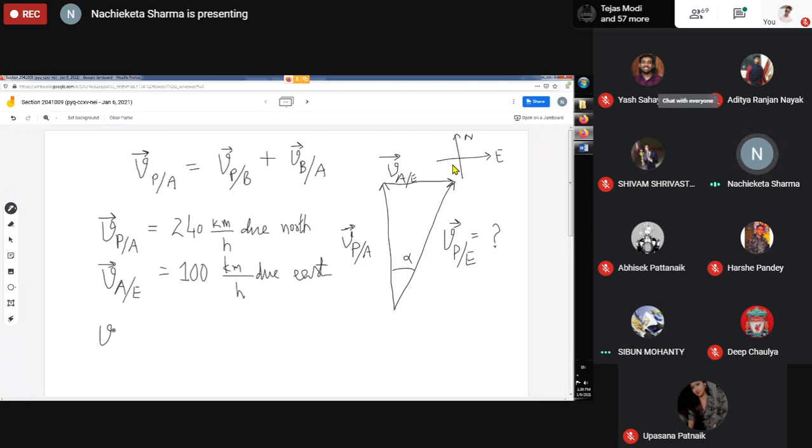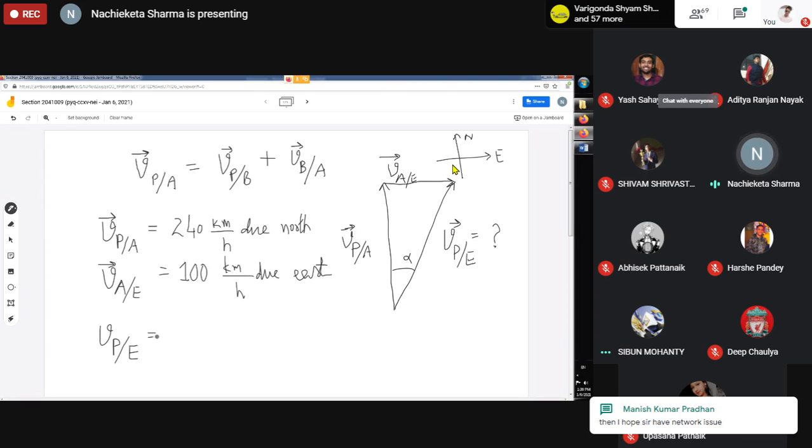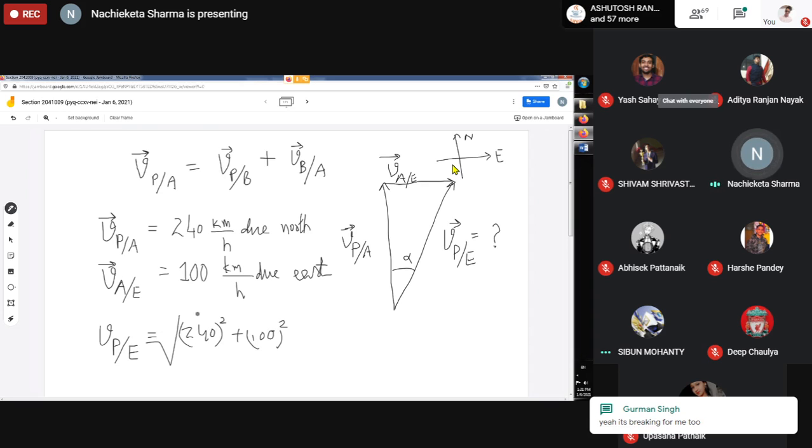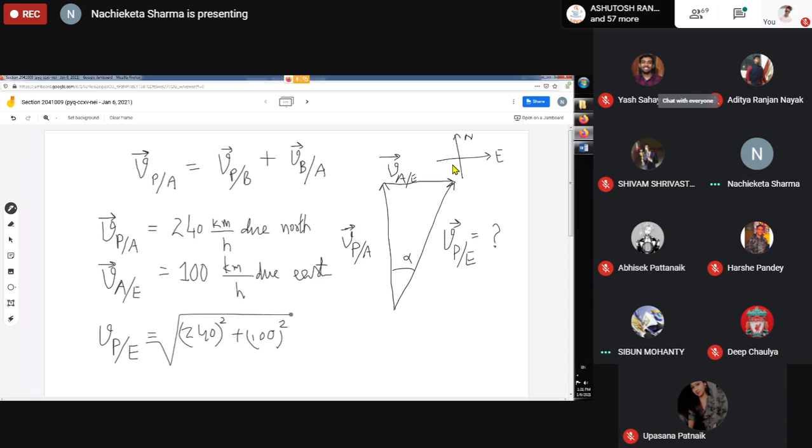So this Vp, that is velocity of plane with respect to earth, is equal to, I am just finding out the magnitude first, square root of 240 square plus 100 square, and the unit is kilometer per hour.